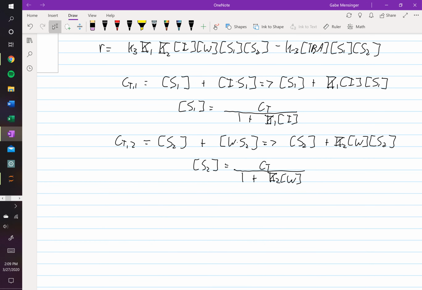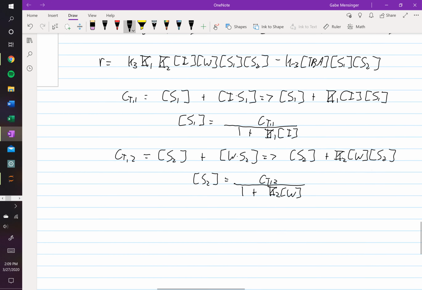So now we just go and plug those in. Make sure it's clear which site balance is which.